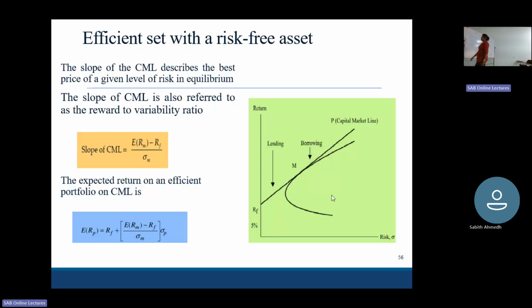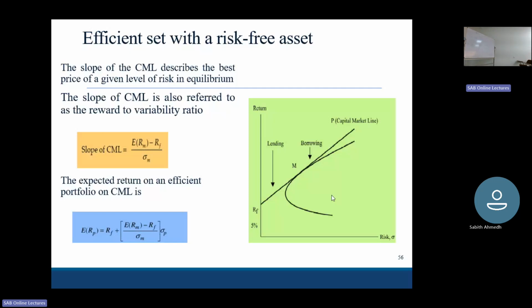So therefore, expected return you can calculate as the risk-free rate plus the slope of the capital market line multiplied by the standard deviation of your portfolio. Your portfolio can be a lending portfolio or a borrowing portfolio.